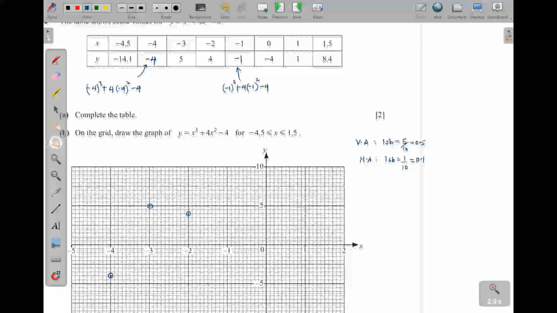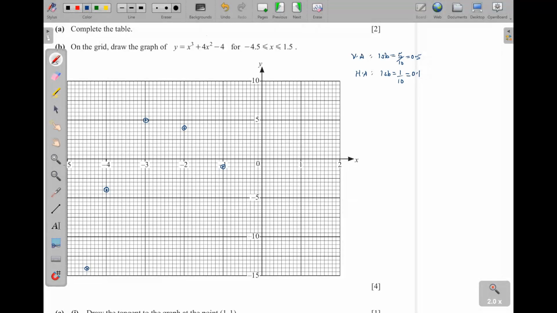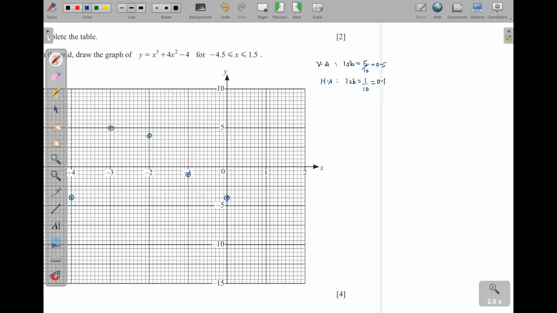And then negative 1, negative 1. It has to be just below here. Then the next one is 0, negative 4. So negative 4 is here. Put a small circle. And then the next one is 1, 1. So 1 and 1, it is here.